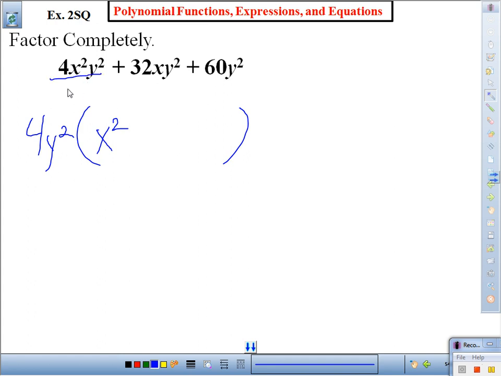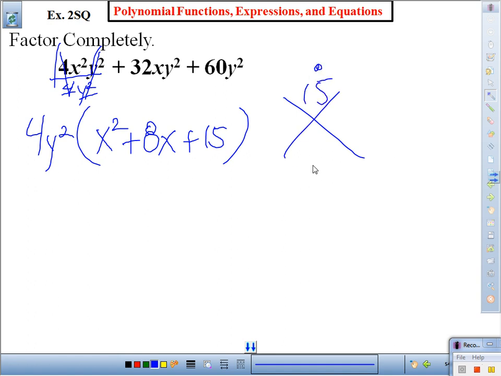If you don't see it, here it is, divided by 4y squared. This is a giant 1, this is a giant 1, and I'm left with x squared. Next, plus 32 divided by 4 is 8. Y squared divided by y squared is a giant 1, and we're left with x. 60 divided by 4 is 15. Y squared divided by y squared is 1, so we don't need to write it.